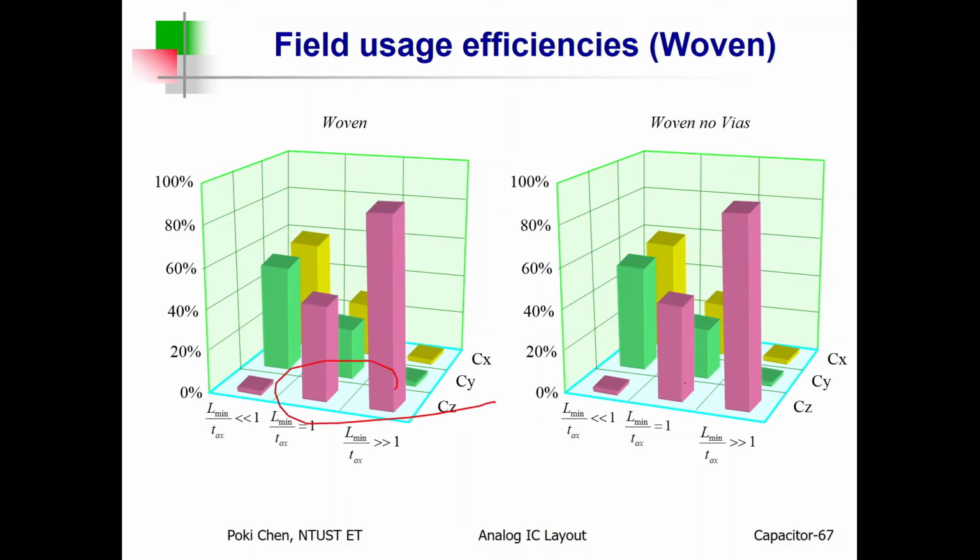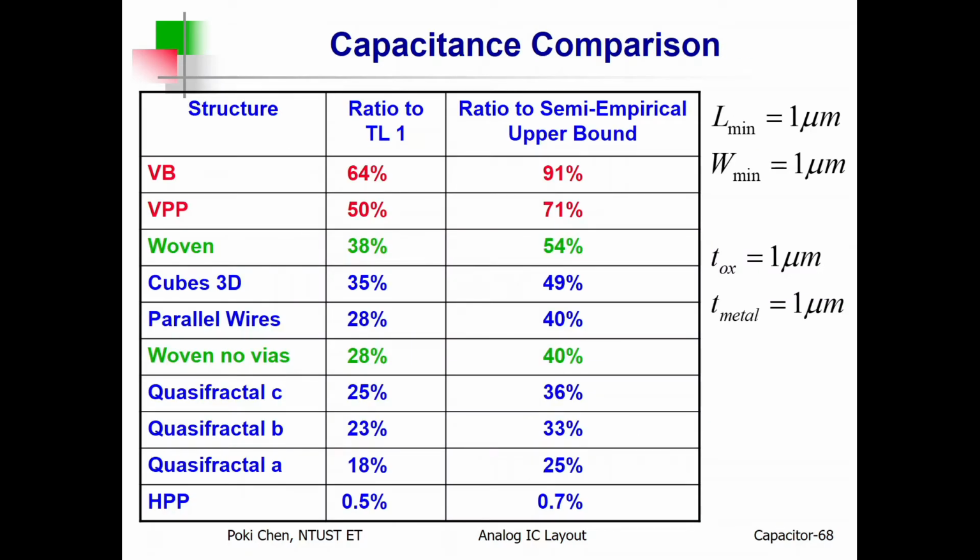So none of them will be good for matching, and none of them will be scaled exactly with process evolution. Then allow me to show you such kind of comparison among them for ideal value.